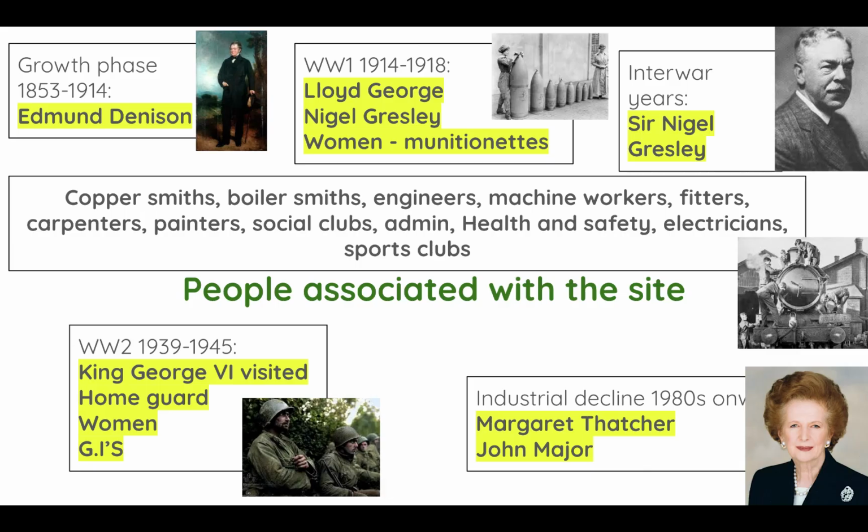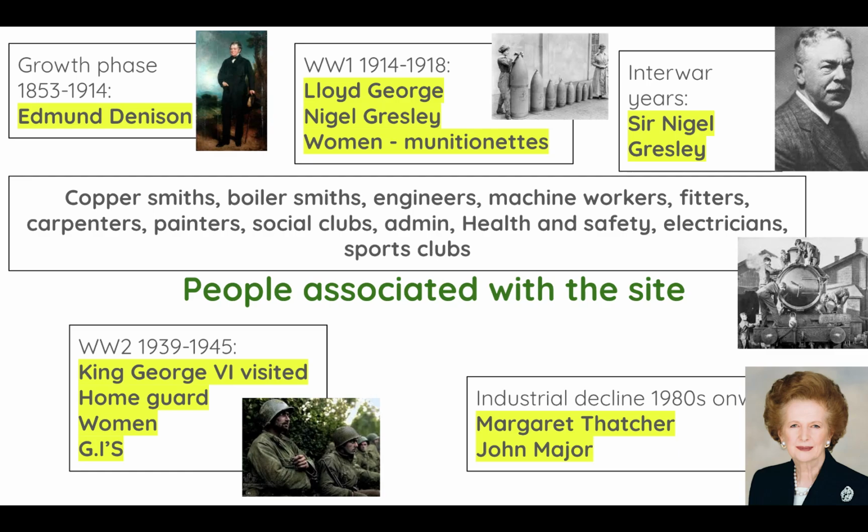The people associated with our site then. We've got Edmund Denison in the growth phase. In World War I, Lloyd George, who was a Minister for Munitions, Nigel Gresley, who repurposed the site, and women as well, who became munitionettes to support the war effort. In the interwar years, that would be Nigel Gresley, who designed the Flying Scotsman and the Mallard.